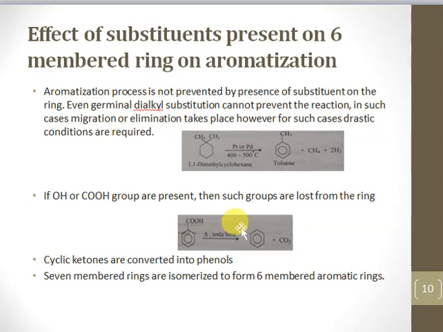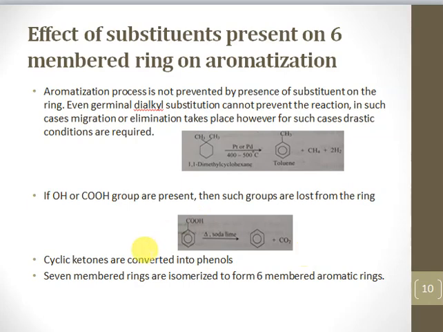Soda lime is basically sodium hydroxide with calcium oxide. So if you have to remove a carboxylic acid group from any functionality, soda lime is the best reagent of choice. So you can simply convert this benzoic acid into benzene by elimination of carbon dioxide, right?